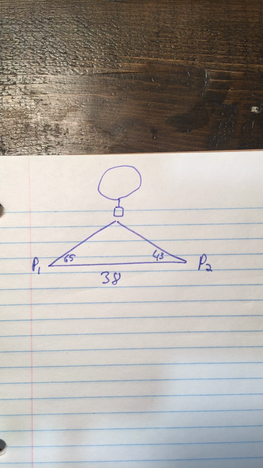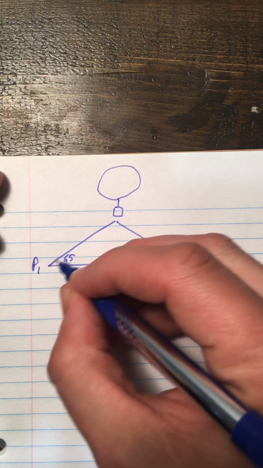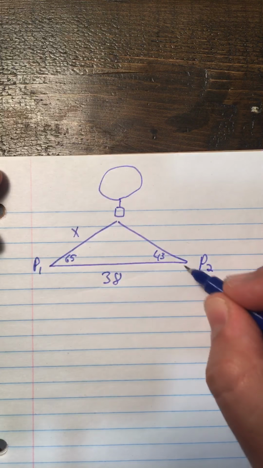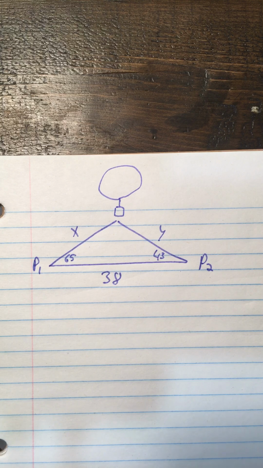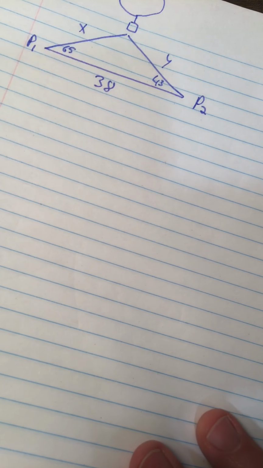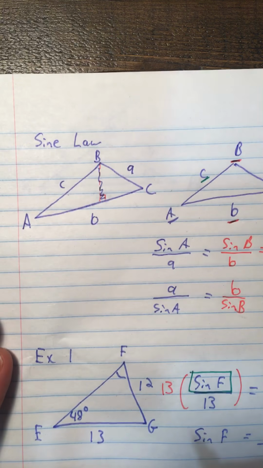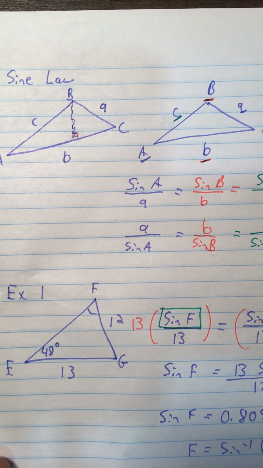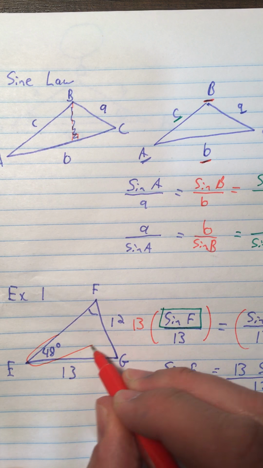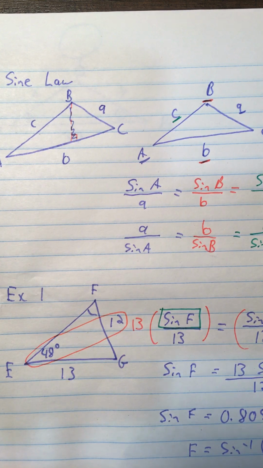So pick one to start. First of all, for sine, we need a complete ratio. I didn't mention that at the start. You have to have a complete ratio. For example, in the last question, my complete ratio was this right here: I had 48 with its pairing side of 12. In this one, it doesn't appear that we have a complete ratio. I don't have that angle, I don't have that side, and I don't have that side.